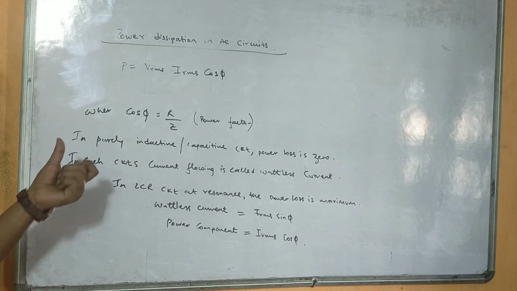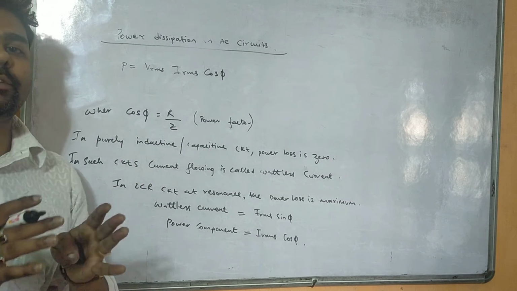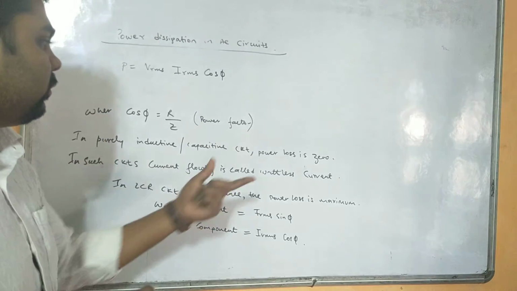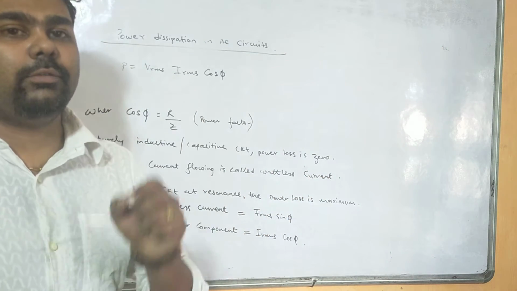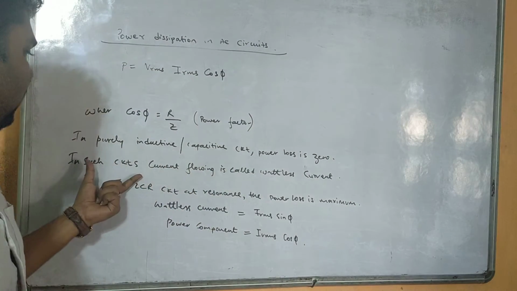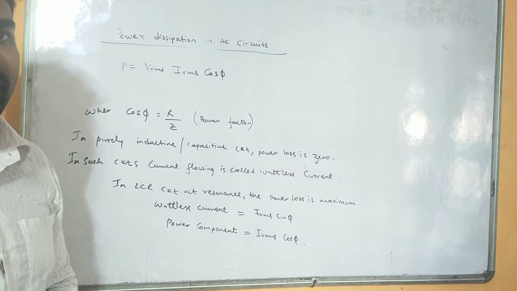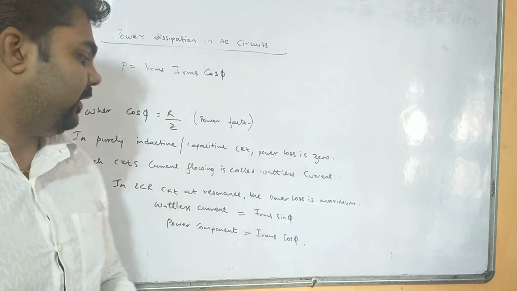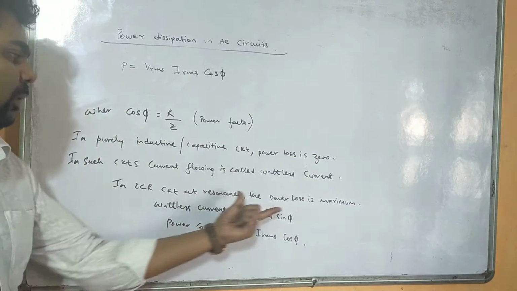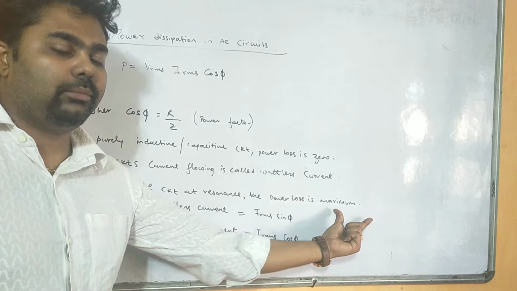Next, it has been seen that in purely inductive and capacitive circuit, the power loss is 0, and the current flowing in that circuit is said to be wattless current, right? And in LCR circuit, at resonance condition, the power loss is maximum, okay?